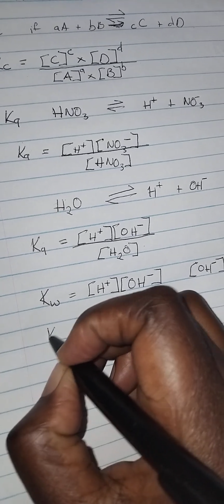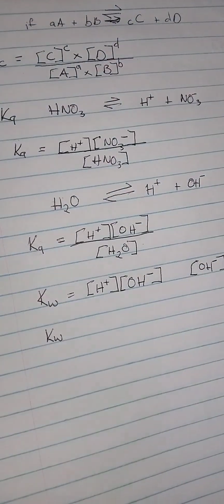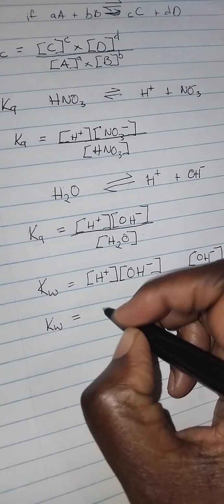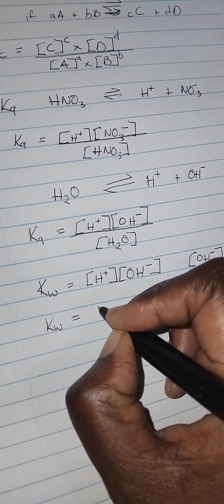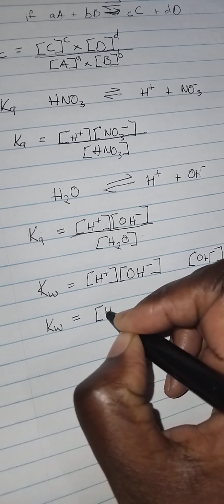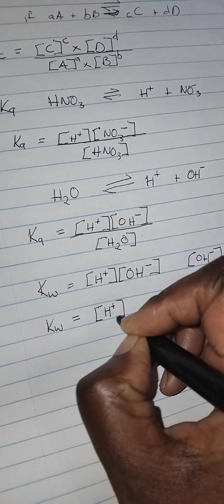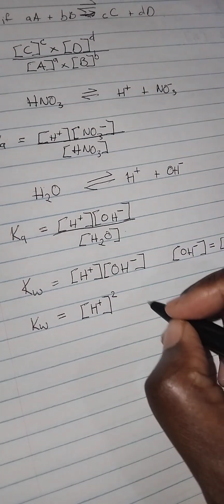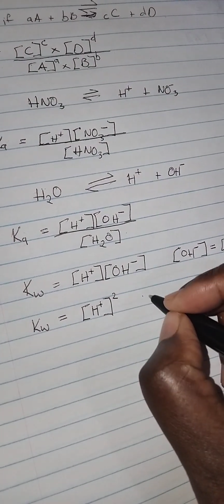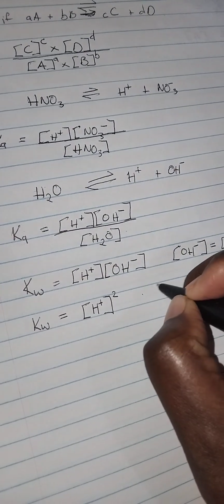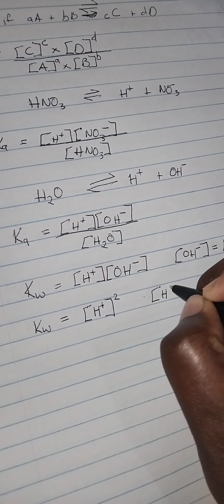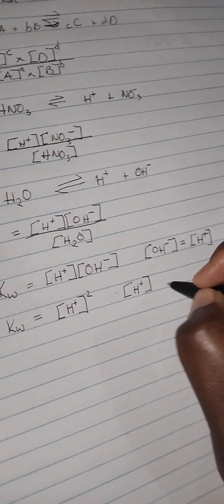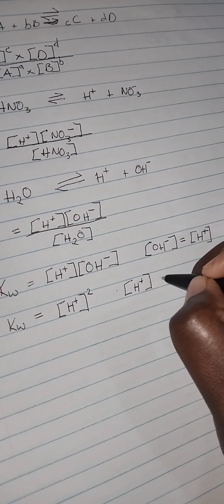So essentially, we can say Kw is equal to the concentration of H plus squared. And then we know the concentration of H in water is 7. The pH is 7.